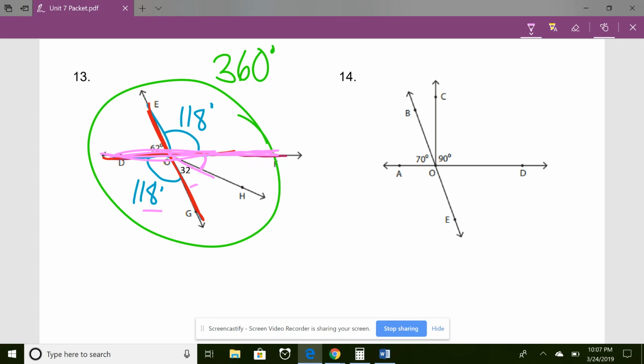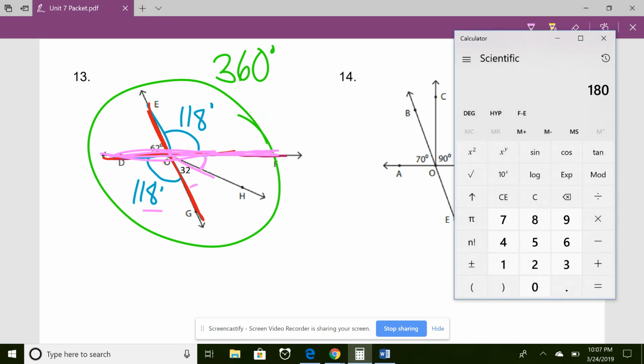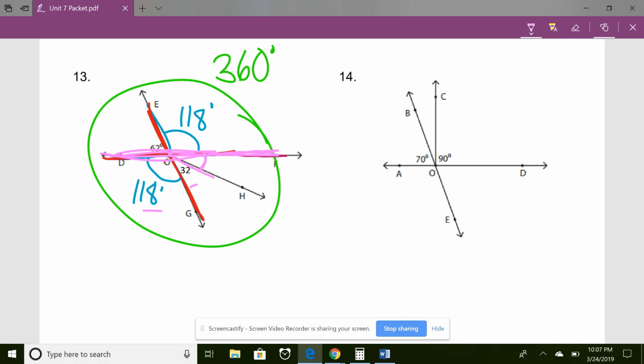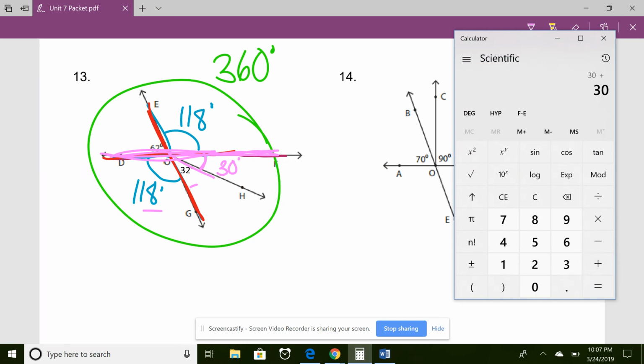So we have 180 minus 118 minus 32, which is 30 degrees. Now to double check, let's add up all my numbers. We have 30 plus 118 plus 62 plus 118 plus 32, and we get 360. So there's my whole diagram.